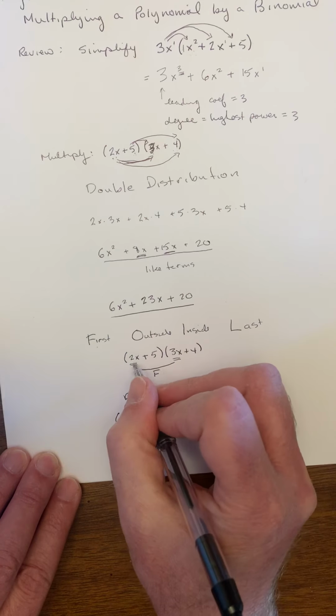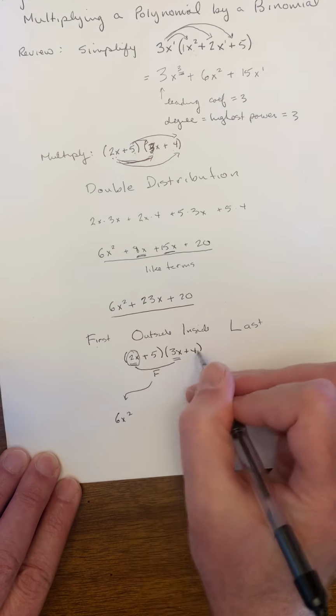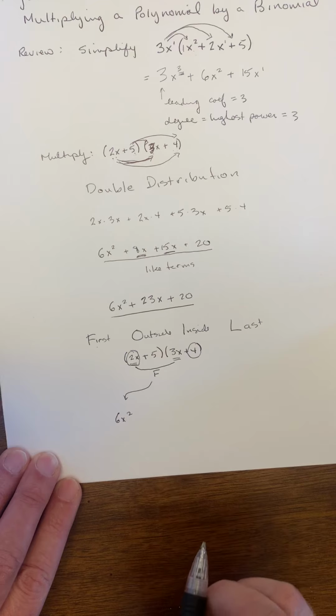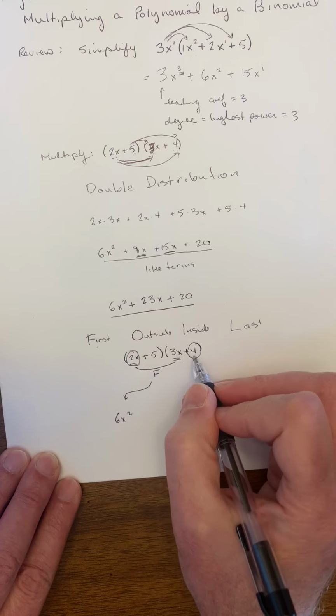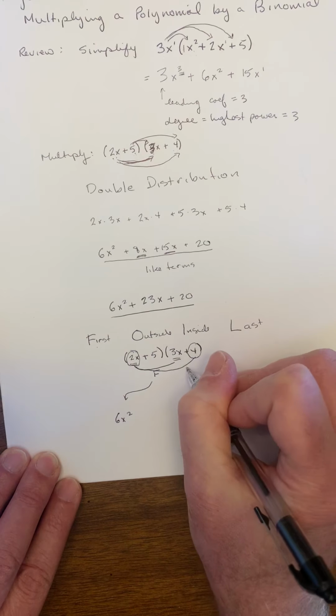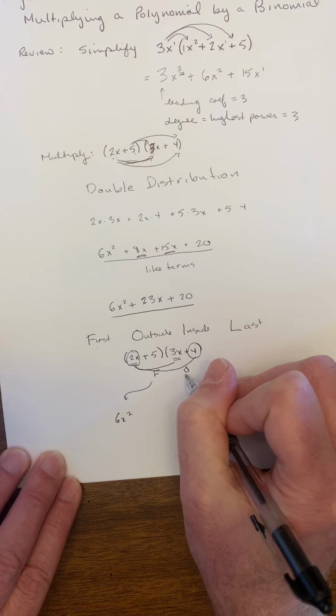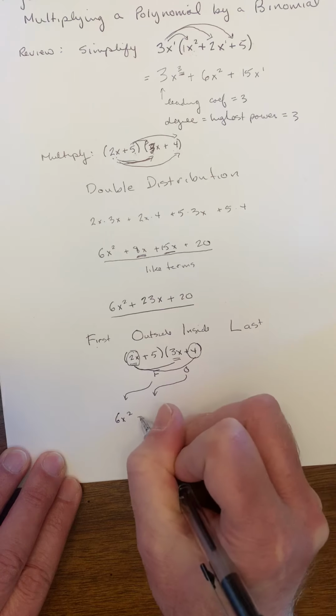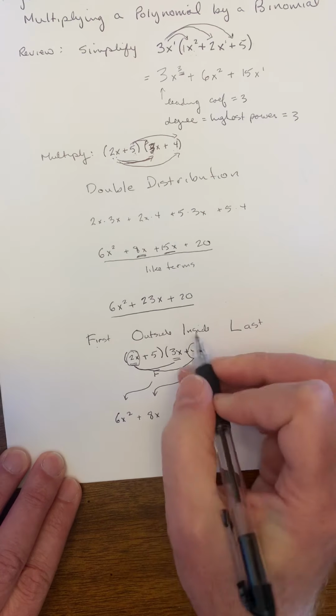Outside means multiply the outside parts of each parentheses. 2x times 4, so that's outside. 2x times 4 is 8x.